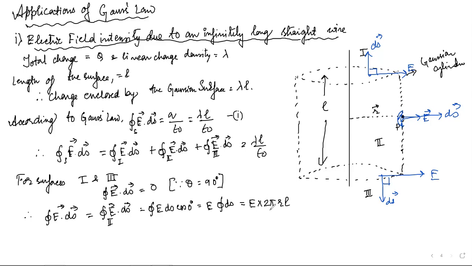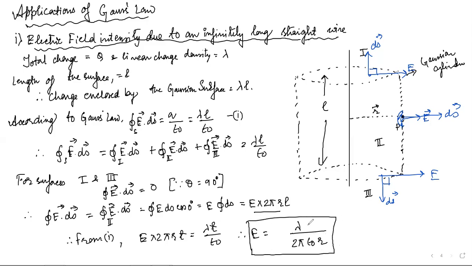This is the result. So therefore, from equation 1 we can write that E into 2 pi r l is equal to lambda l by epsilon 0. So l gets cancelled. Therefore E comes as lambda by 2 pi epsilon 0 r.